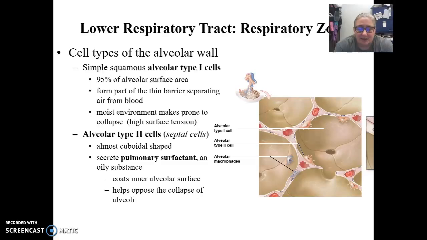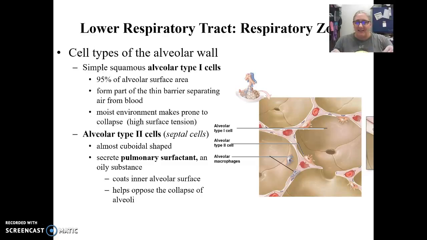Type 2 alveolar cells are cuboidal cells that protect the alveoli. They produce this chemical called surfactant, and surfactant allows the alveolar sacs to actually close up and then open back up. So if you take water and put it on a piece of paper, it's going to make that paper hard to open.